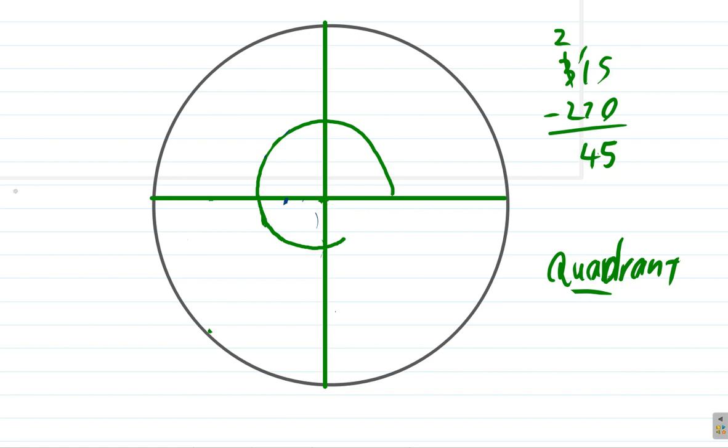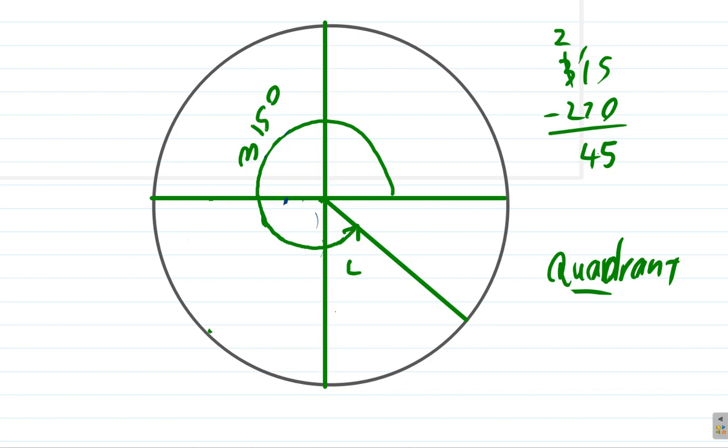So, here, what we have is that after we pass 270, then we go 45 degrees more. This little angle here is 45, right? But from here all the way around here is 315. So we have our angle as 315 degrees. That means the angle starting here goes all the way around here.